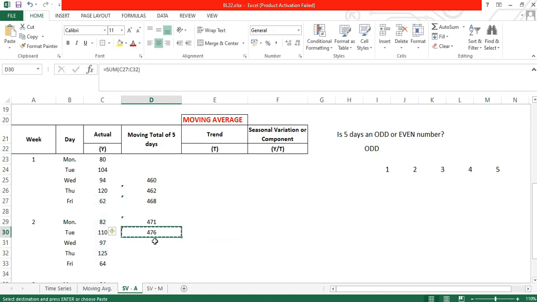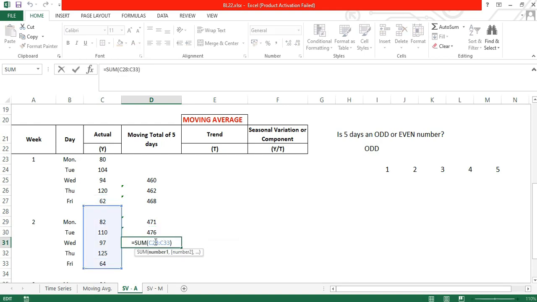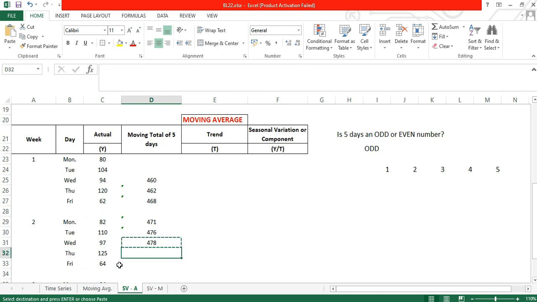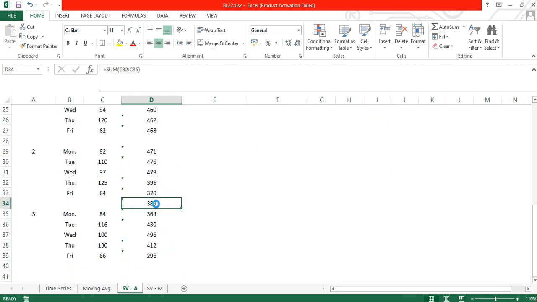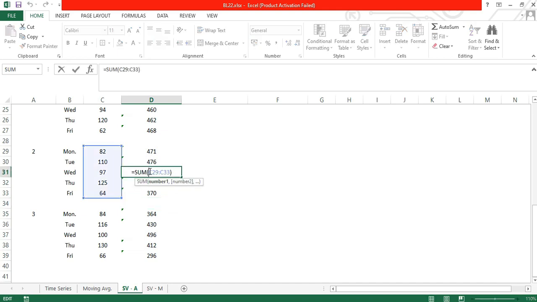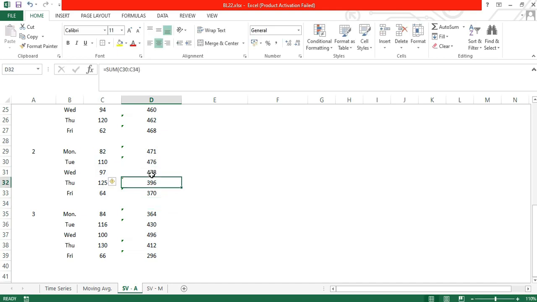And then start from 82 to 5 numbers. And so forth, and after that I will adjust the formulas accordingly. So this is 82 to there, and this is 110 to 5 numbers.